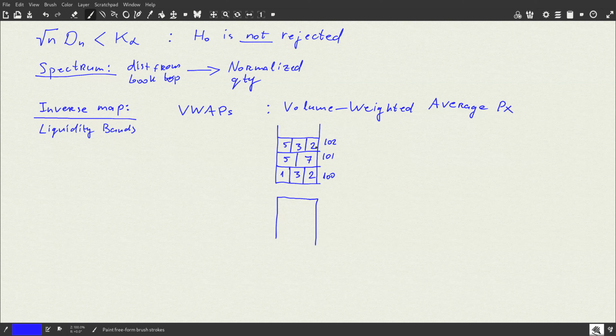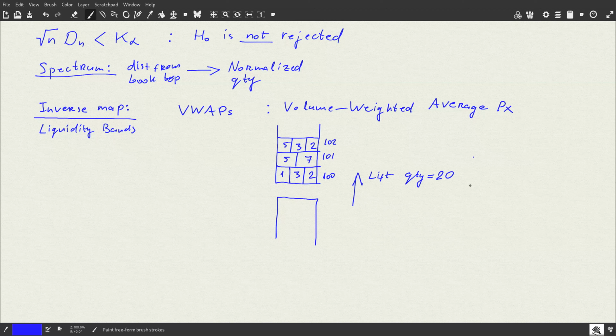Okay, then suppose that someone would like to buy aggressively, lift the quantity of 20 contracts. So the question is, for which price will they get this quantity of 20?